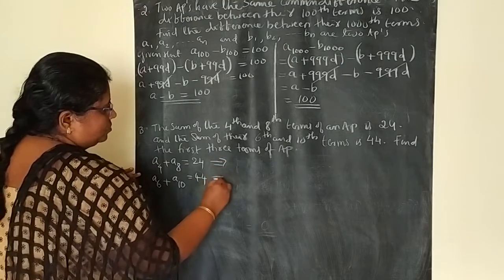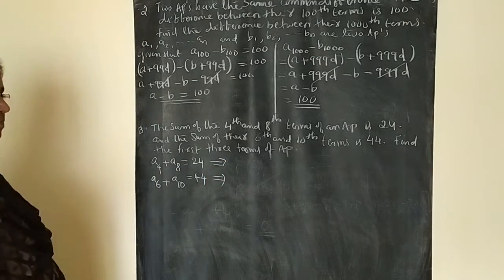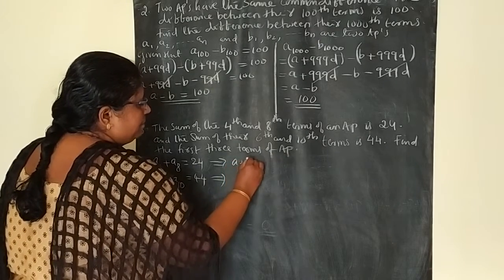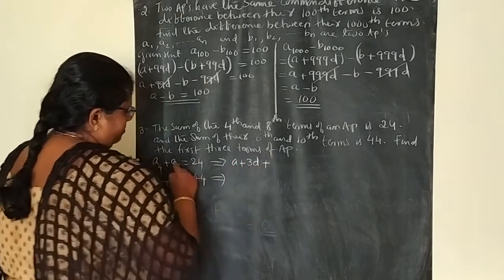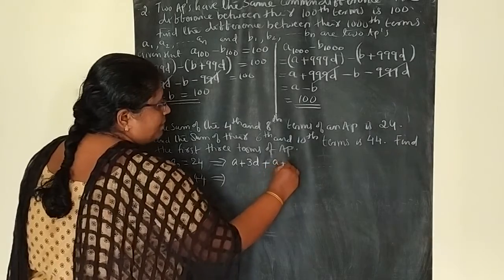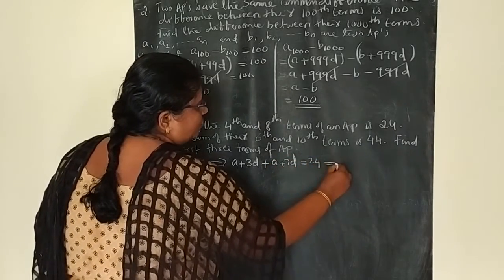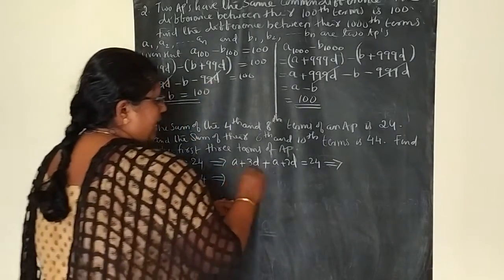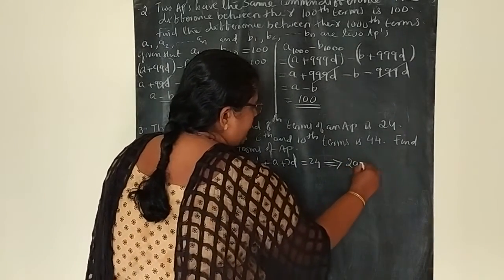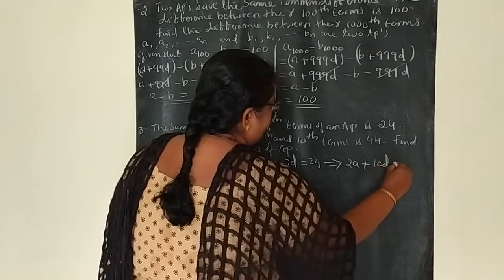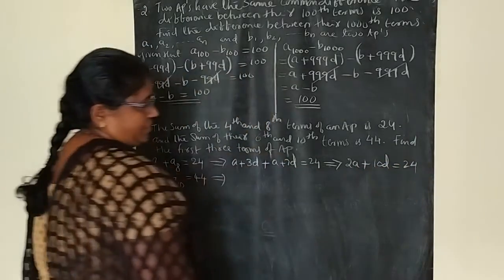So we are going to simplify. What is meant by A4? A plus 3d. What is meant by A8? A plus 7d, which is equal to 24. It implies 2A plus 3d plus 7d, 10d, is equal to 24.